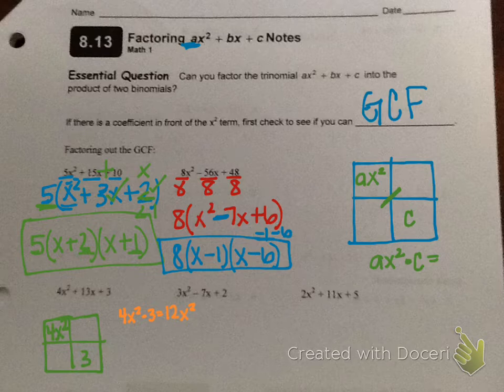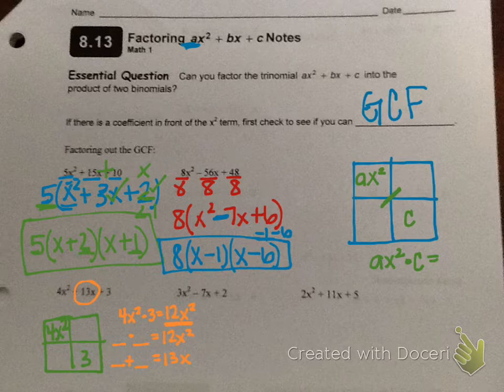And then I'm comparing that, so I need to find what times what equals 12x squared and what plus what equals 13x. So I'm doing the same thing I was before.